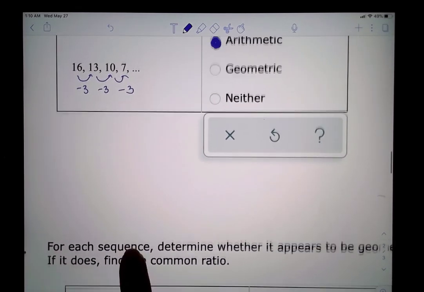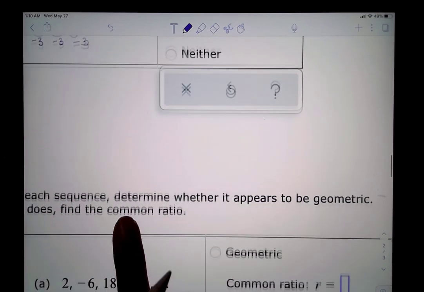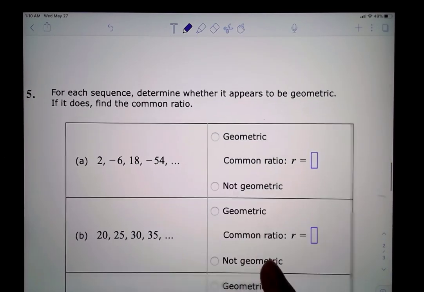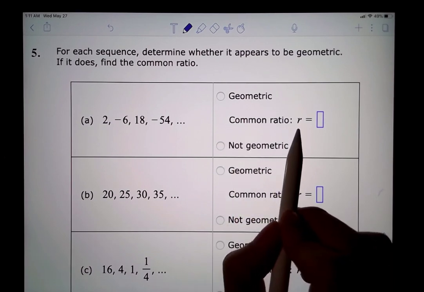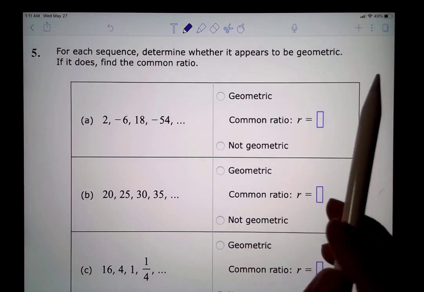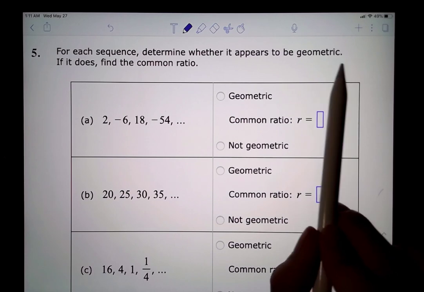Okay, so that was determining arithmetic or geometric or neither. And the next question is about geometric only. So you'll figure out whether it's a geometric sequence or not, and if yes, then you need to find the common ratio. For each sequence, determine whether it appears to be geometric.